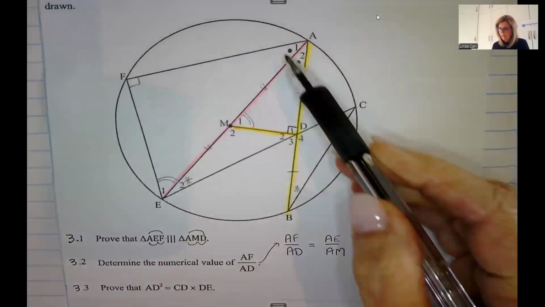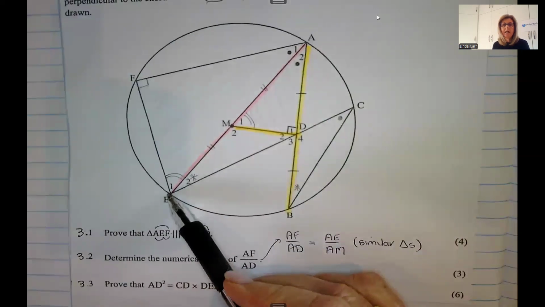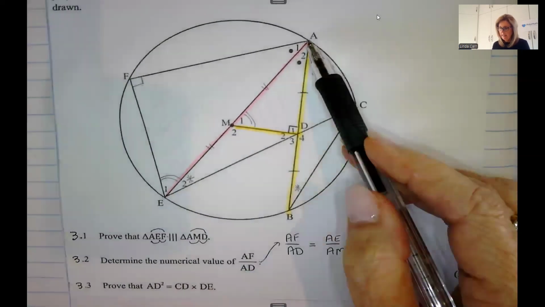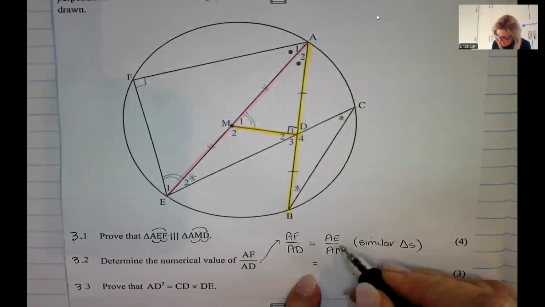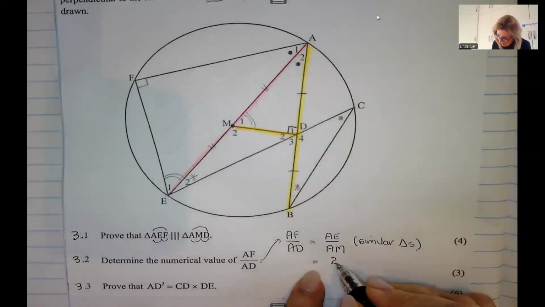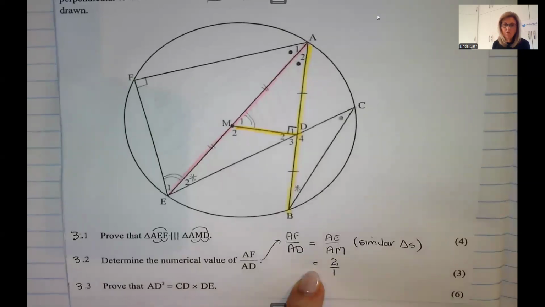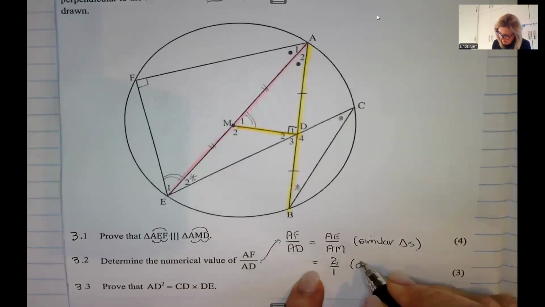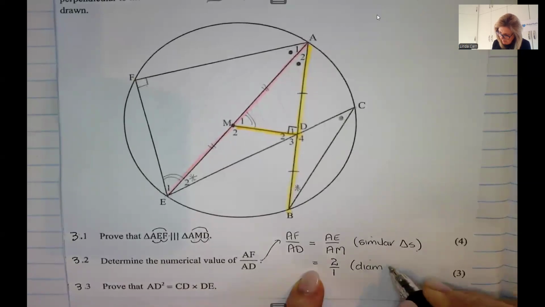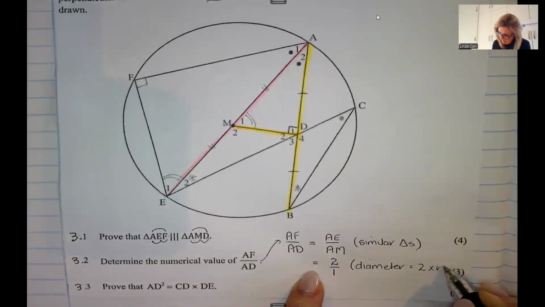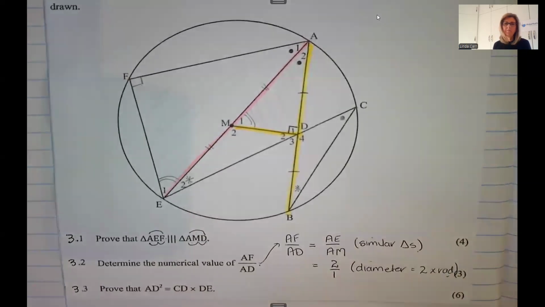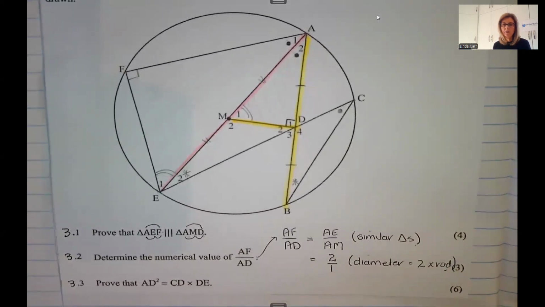But now, AE is the diameter and AM is the radius. And so AE to AM has to be 2:1. Okay, and I'm just going to say diameter equals 2 times radius. And so I've already answered the question.